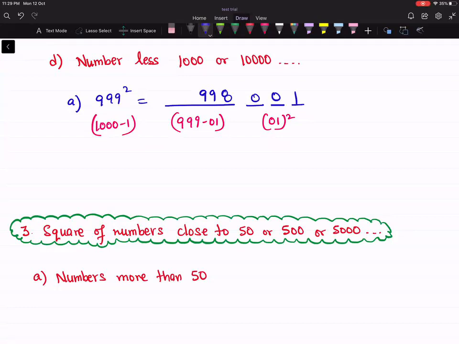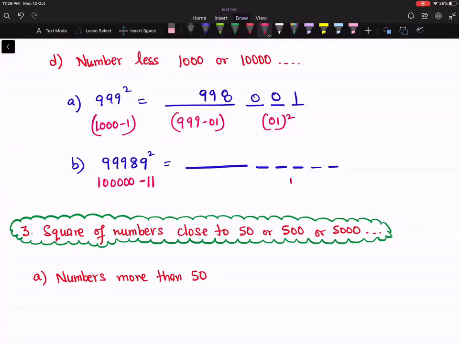If I take some bigger number, I'm interested in 99989 square, right? Again, this will be in two parts. Leftmost and rightmost will be 5 digits. Why 5 digits? Because now the base is 1 lakh with 5 zeros. So minus 11.